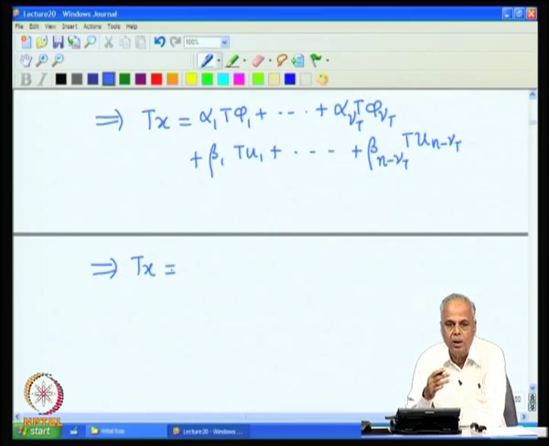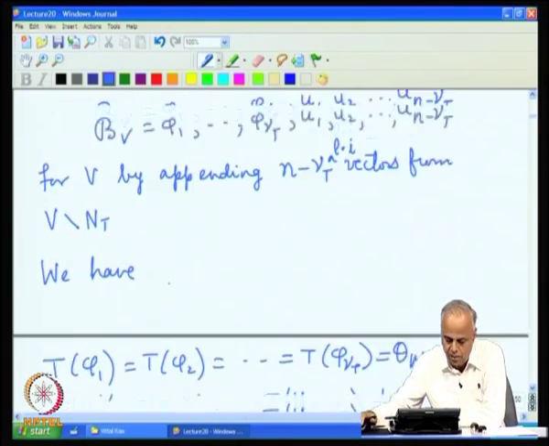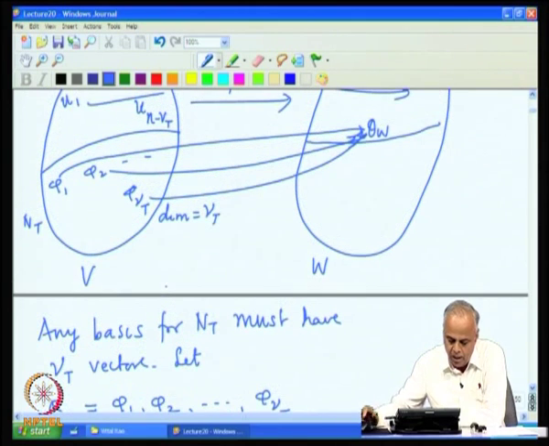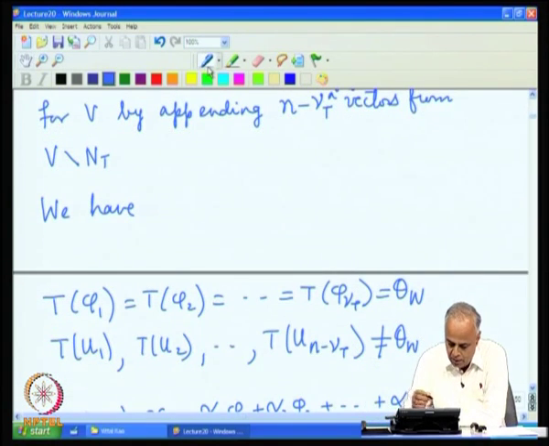Remember, phi 1 is in the null space of T. If you recall that picture, phi 1, phi 2, phi nu t were all in the null space of T. So, they were all going to the 0 vector under T. Therefore, we had observed that T phi 1, T phi 2, T phi nu t are all 0 vectors.